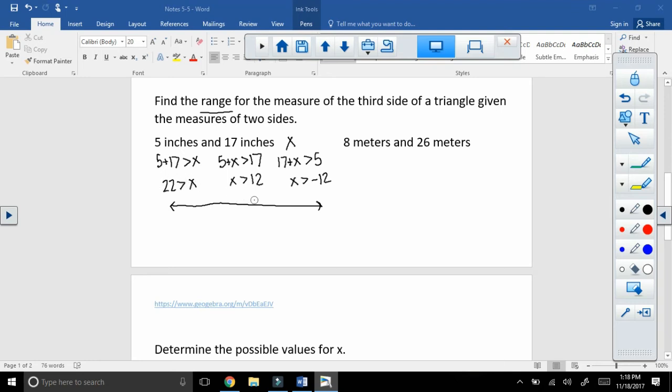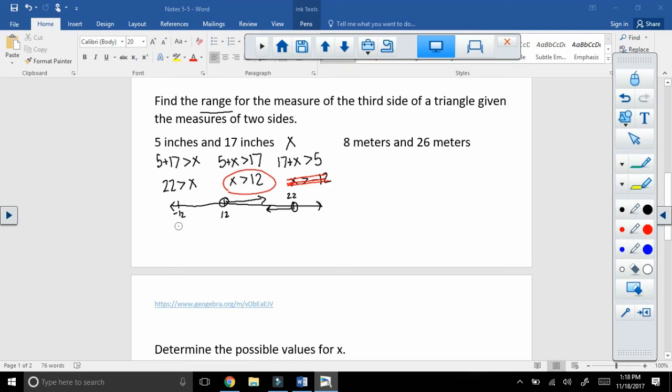This one here is saying that x has to be less than 22. This one here is saying that x has to be greater than 12. And I could do some open circles for those. And this one's saying that x has to be greater than negative 12. And because this is a triangle, that doesn't really make sense. Plus, that doesn't fit within everything that this one says.